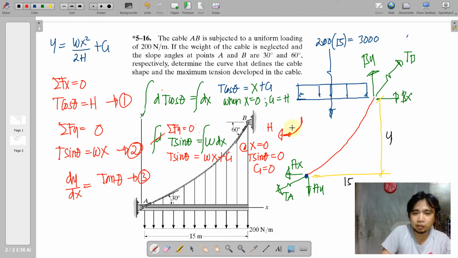At x is equal to 0, it is actually the starting point wherein our slope is 0, or just that h is the tensile. There will be no vertical component such as t sine theta. That is why this is equated to 0.